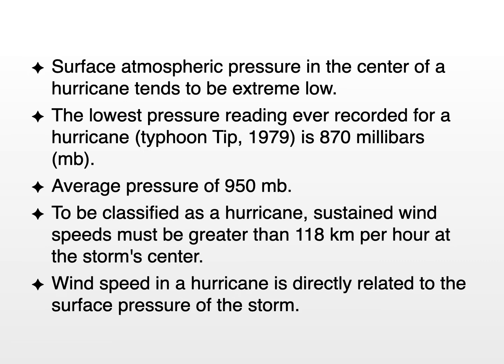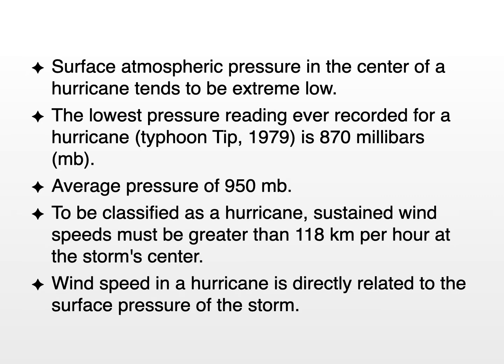In 1979, it had a pressure of 870 millibars. The average pressure of a hurricane is about 950. To be classified as a hurricane, the sustained winds of one of these storms need to be greater than 118 kilometers per hour. And that usually occurs with an atmospheric pressure of about 980 millibars or lower.